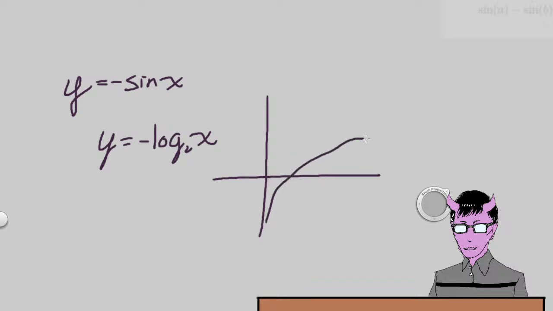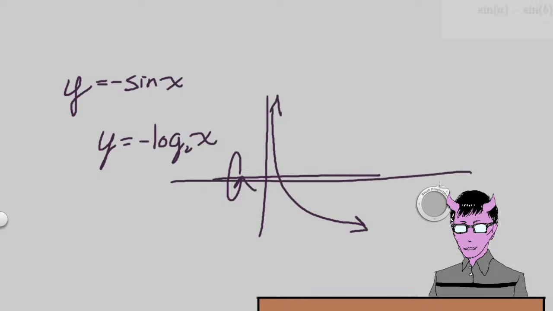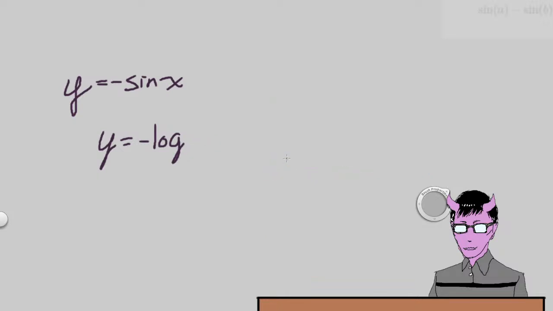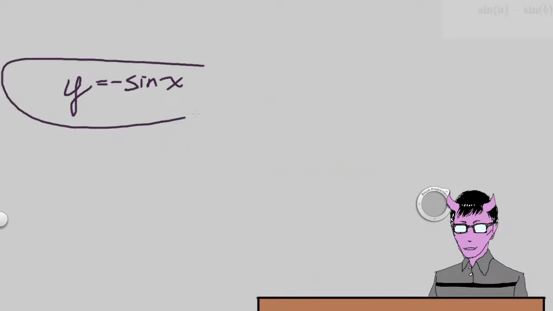So instead of being like that, it's going to be like this. A reflection across this sort of horizontal bar right here. I'm mentioning that because we pretty much have the same rule for this one.